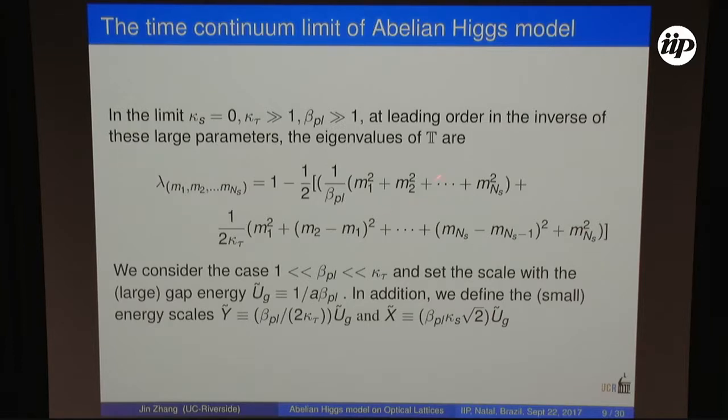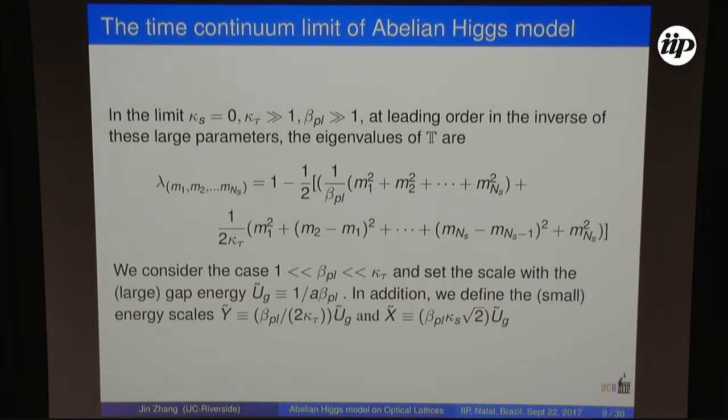All these are expressed in the electric field, and we consider this case, kappa tau much larger than beta plaquette, because we want this term to dominate the energy scale. Then we can do a small spin truncation, for example, spin 1.